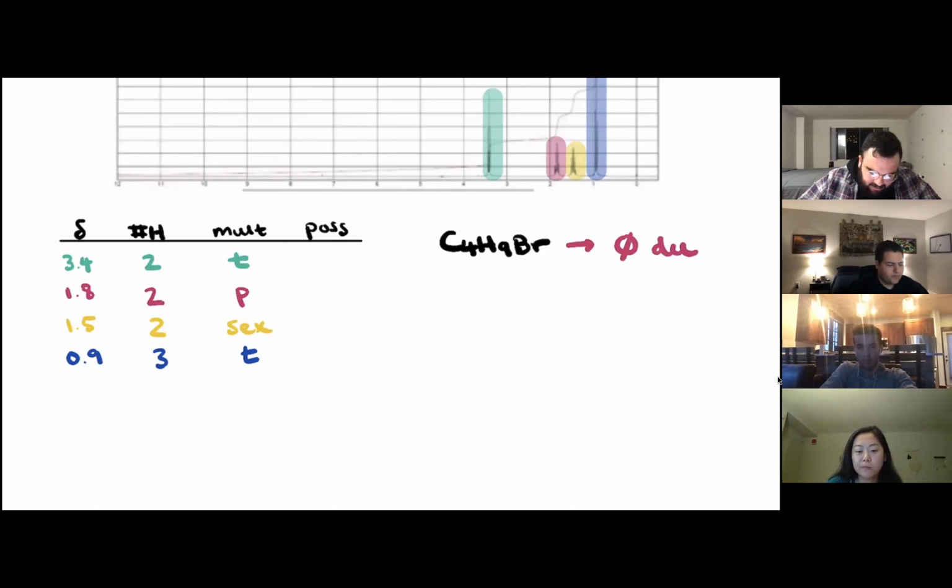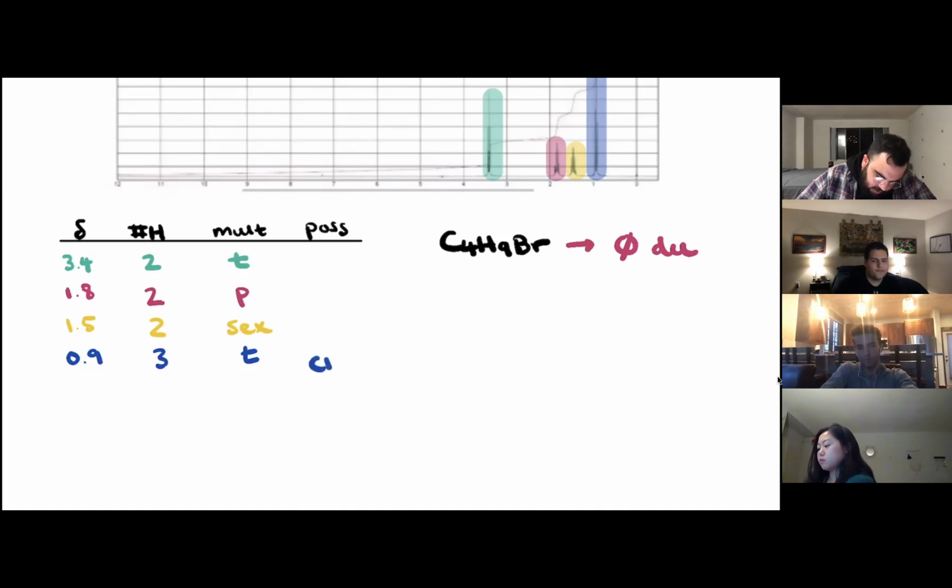I see what I have here is this integration of 3. Now, things that show up very upfield, like close to 1, like you see here, are going to be in the saturated alkane region. They're pretty far away from electron withdrawing groups. So if you see this peak that integrates to 3, that'll likely be a CH3.